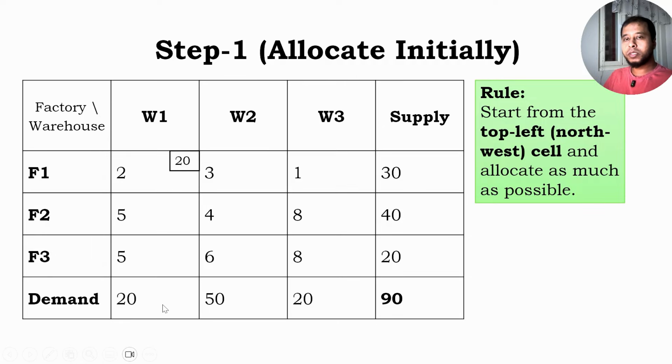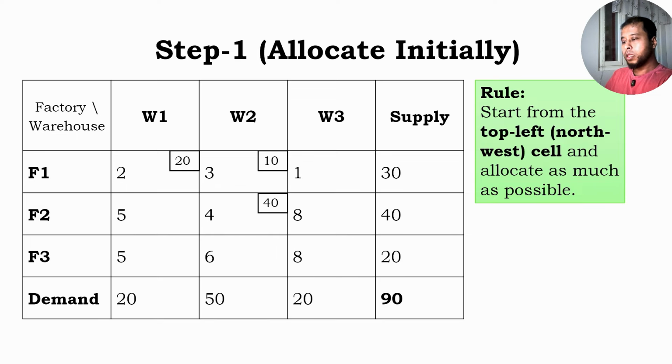Then this column is completed. Then we need to allocate the rest in this cell, so 20 plus 10, 30. So our supply is met. And for the W2 column, there is still demand of 40 left. So we will allocate 40 on this cell.